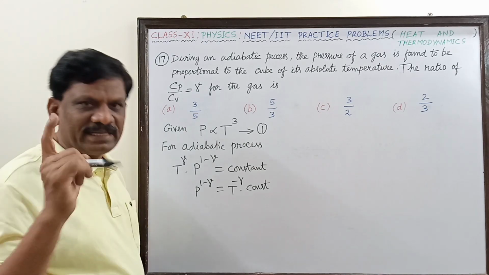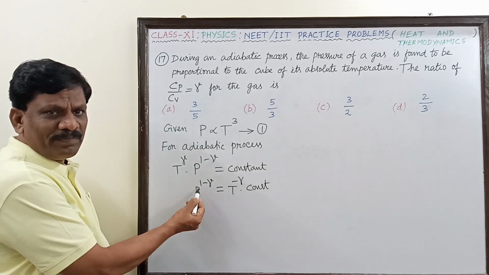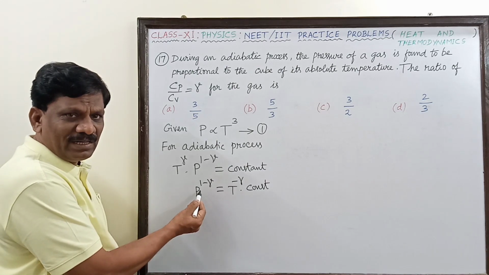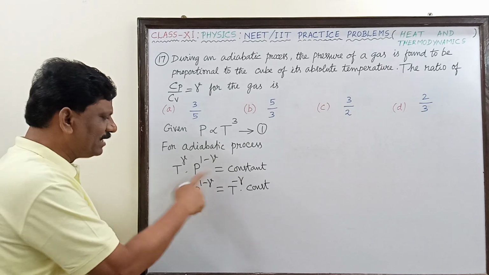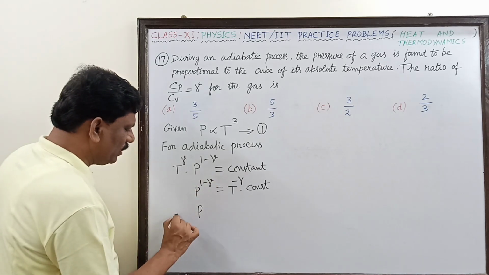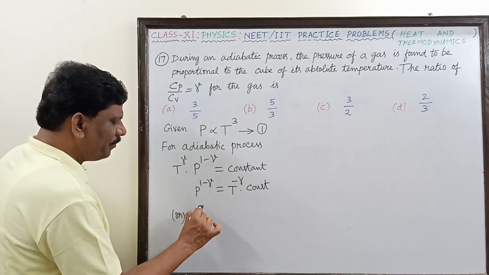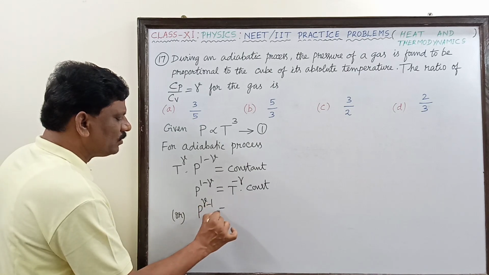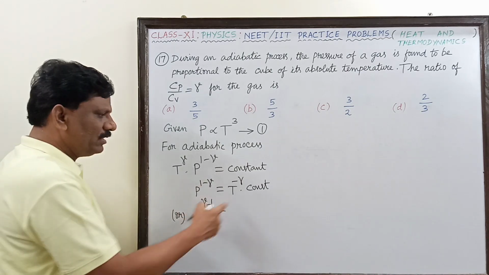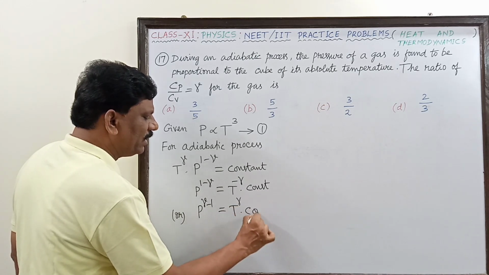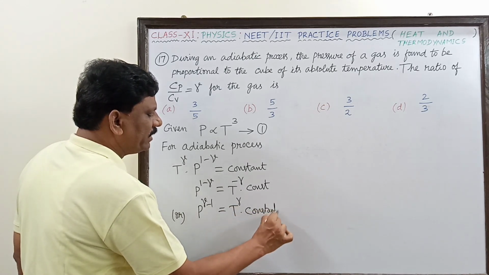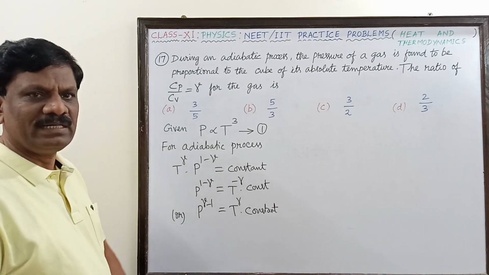Once again, the power of pressure on the left hand side is 1 minus gamma. What will happen if I change the power from 1 minus gamma to gamma minus 1? So I can write P power gamma minus 1, I am shifting, so that here it is T power gamma into constant. Understand that?